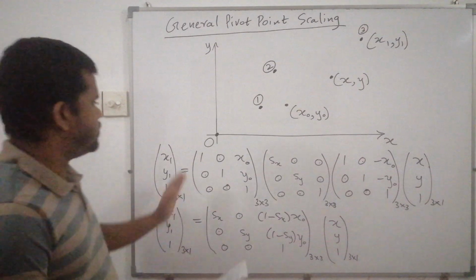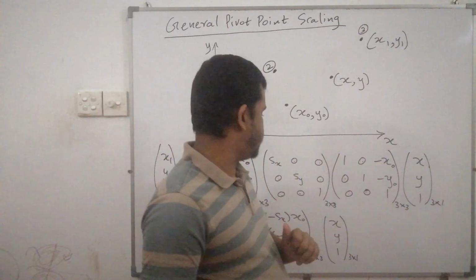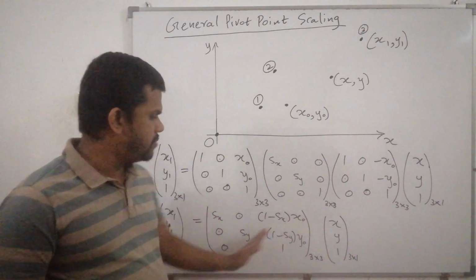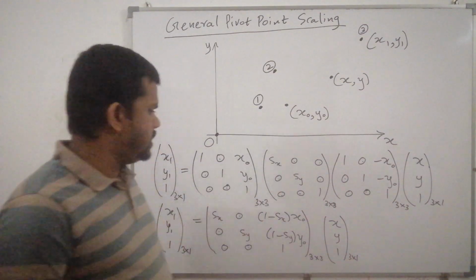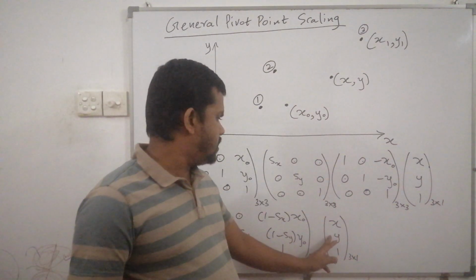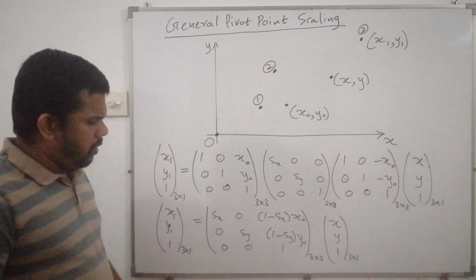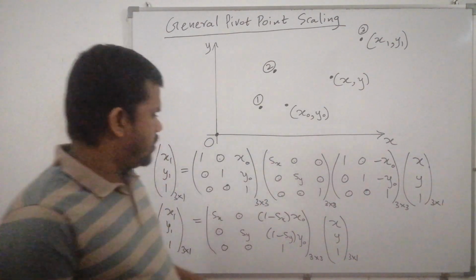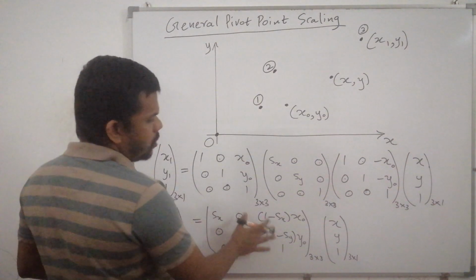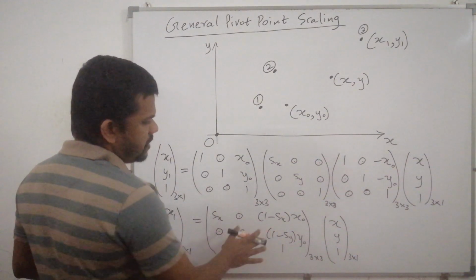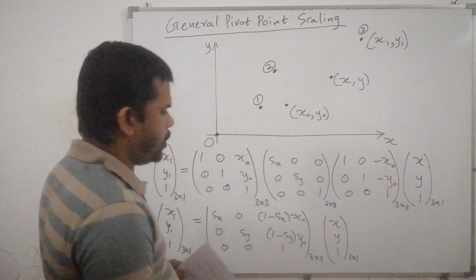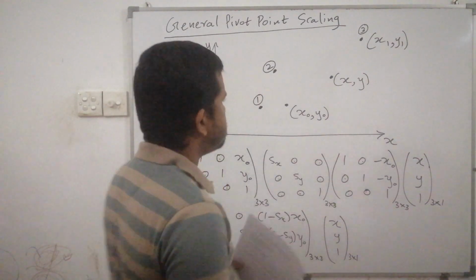If we multiply these three matrices, you can get this matrix. That means this matrix is transformed to this one using this matrix. So this is the composite transformation matrix for general pivot point scaling.